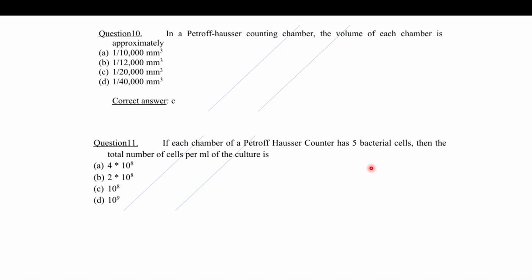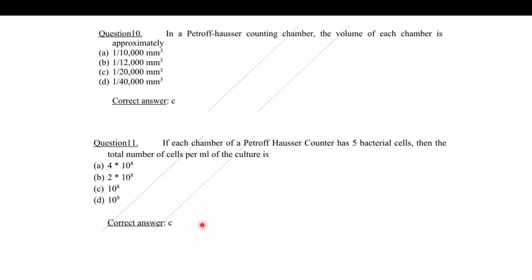So it will be 5 into 20,000 into 10 to the power 3. So the answer is 10 to the power 8 bacterial cells per ml of culture. This is just an example of how to solve this particular question.